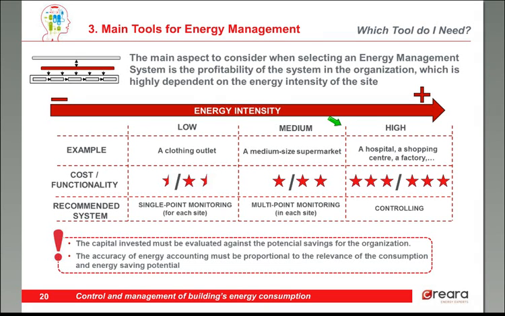So, in our opinion, the rule to decide is how energy intensive the sites we are going to monitor or to control are. So over here we try to depict three options, which is sites with low, medium, and high energy intensity. For example, a clothing outlet, which is essentially a shop, which could be maybe 100 square meters or something.